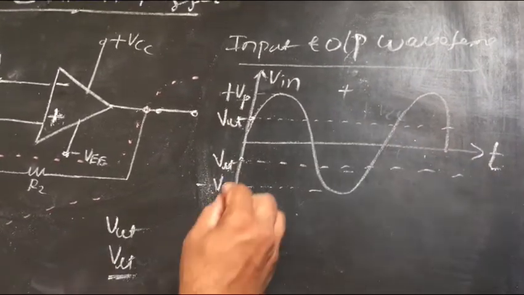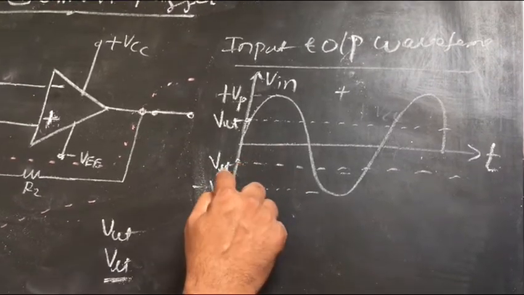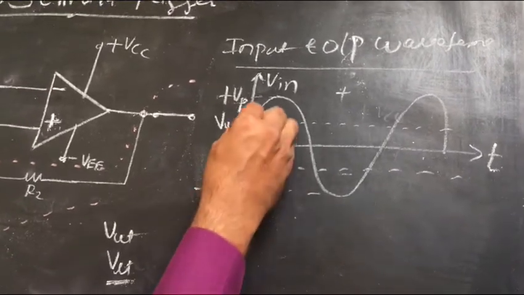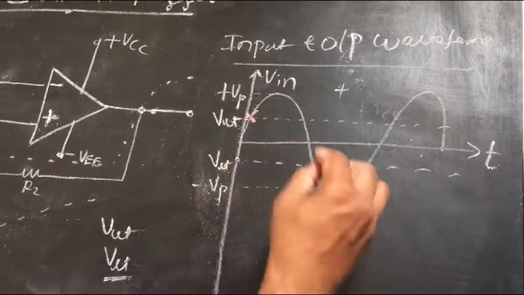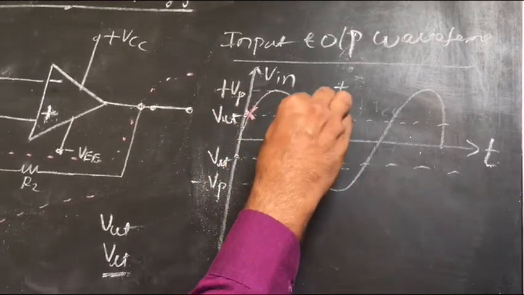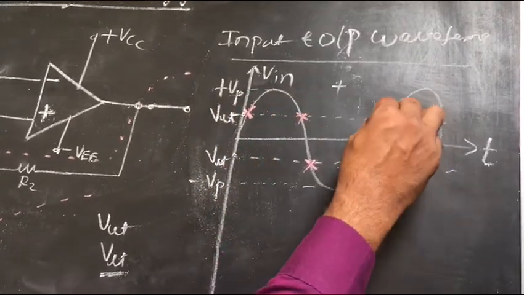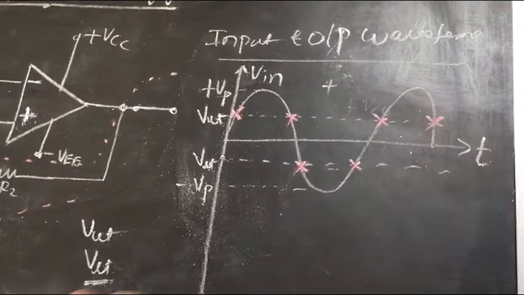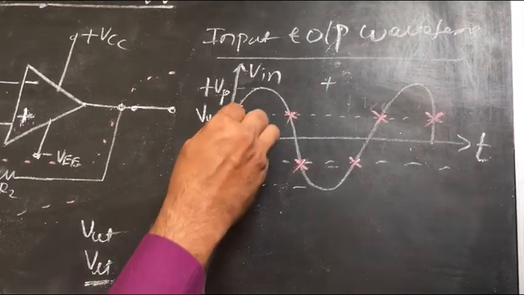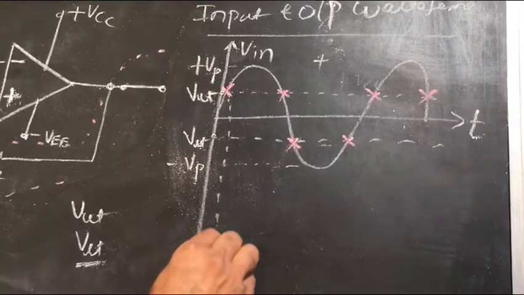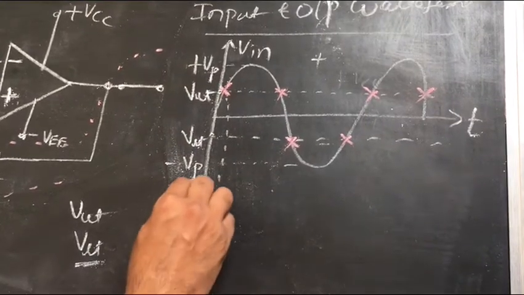Wherever our input is crossed by VLT and VUT, you indicate it with cross marks like this. From each cross mark, you extend vertical lines to draw our output voltage Vo.